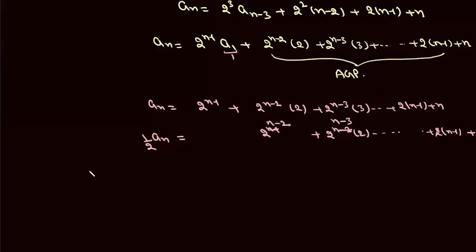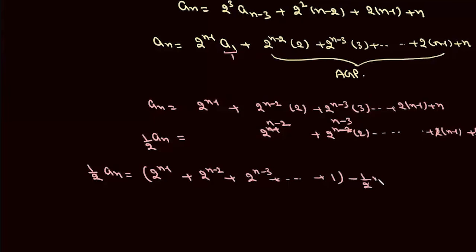Now if we subtract second from first, we can write 1 by 2 A(n) will be 2 to the power of n minus 1. Now this is 2 to the power of n minus 2. This is 2 to the power of n minus 3. And in the end, we'll have this as 1. And then minus, we'll have 1 by 2 here, n by 2.